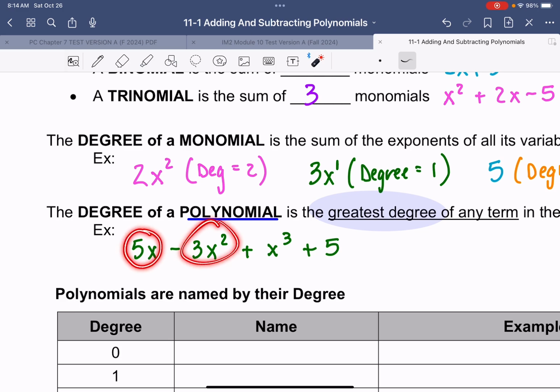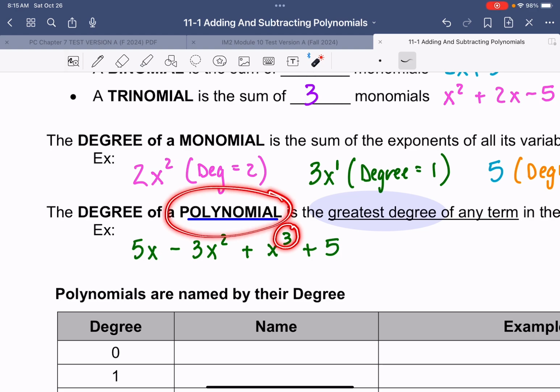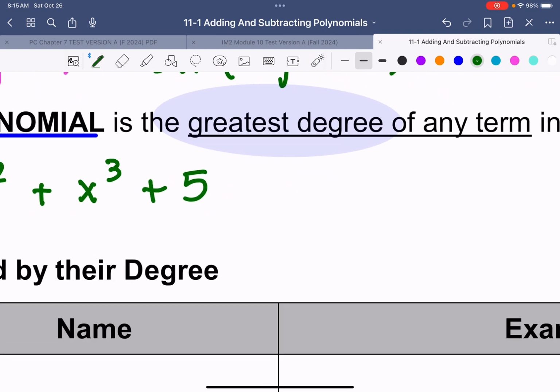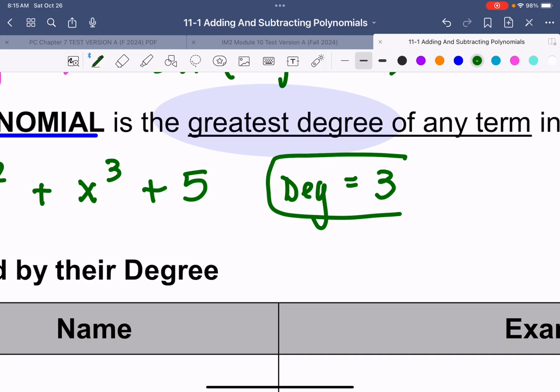We've got 1, 2, 3, 4 terms. You have to look at the degrees of each of those, and it's basically the biggest one. So what's the largest exponent? 3. So the degree of the polynomial would be 3. Now, individually, notice this degree would be 1, this degree would be 2, that's 3, this one's 0. We just need to look at the biggest degree of each of the individual monomials. Okay, so the degree would be 3.